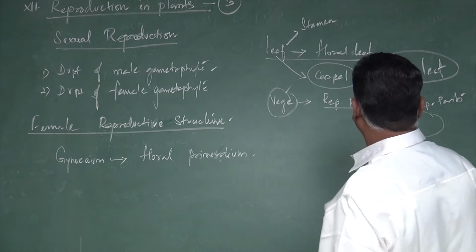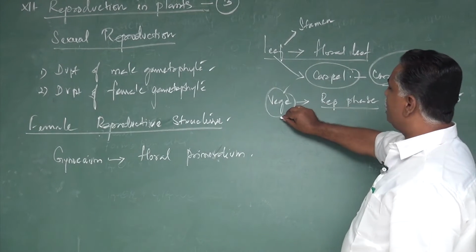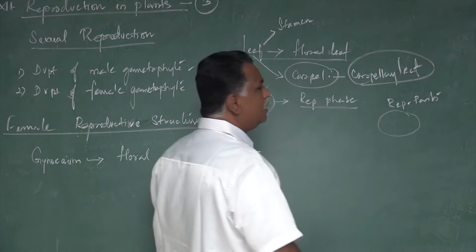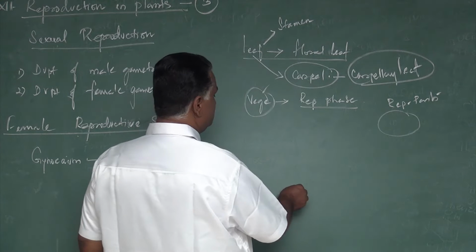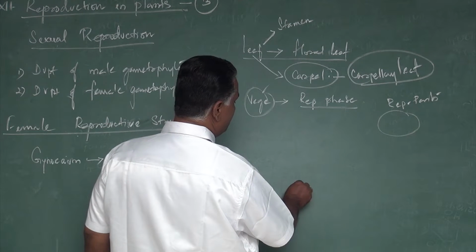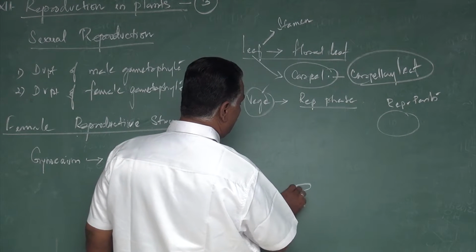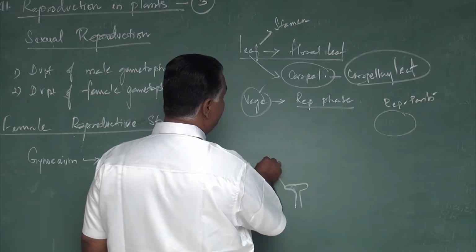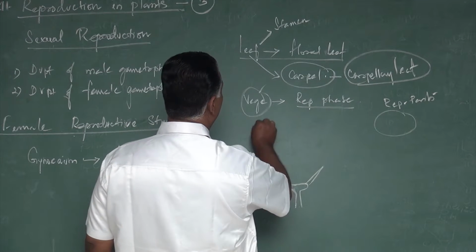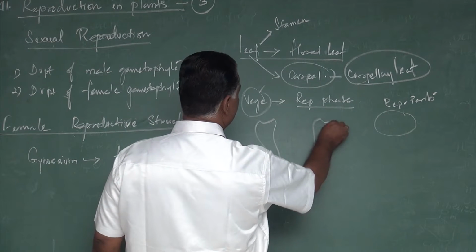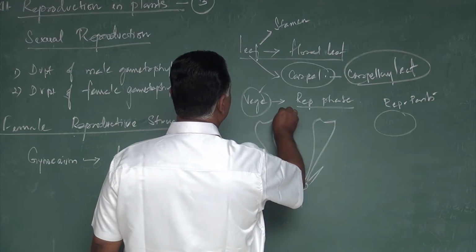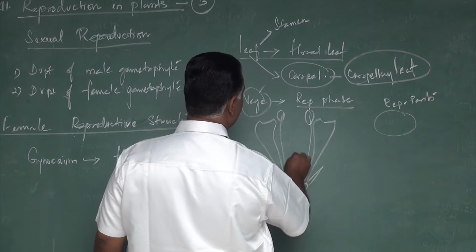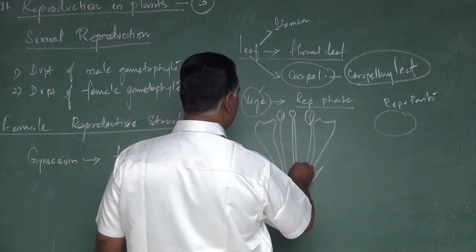So, from the vegetative activity, when the tissue enters the reproductive activity, it starts producing reproductive parts, as we have discussed earlier. Reproductive parts like the flower, which consists of calyx, corolla, androecium, and at the center, the innermost whorl, gynoecium.